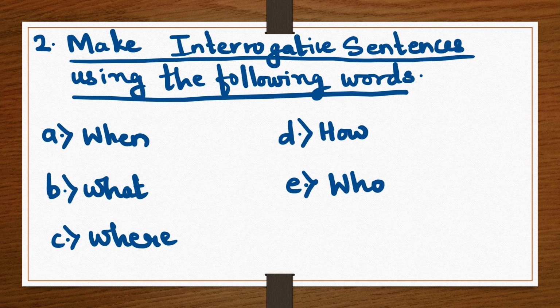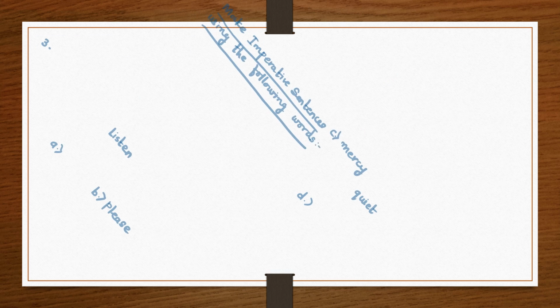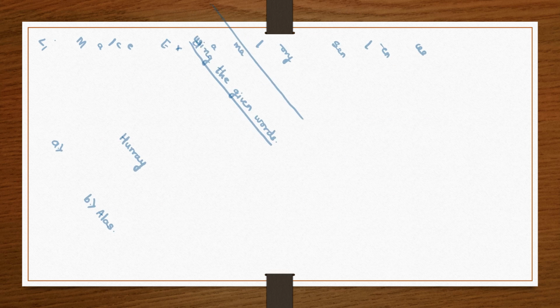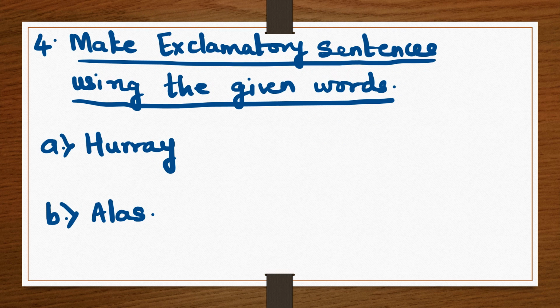Remember, interrogative sentences should end with a question mark. The third question is make imperative sentences using the following words: listen, please, mercy, quiet. The fourth question is make exclamatory sentences. The first is hooray and the second is alas.